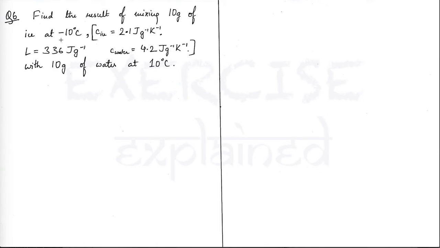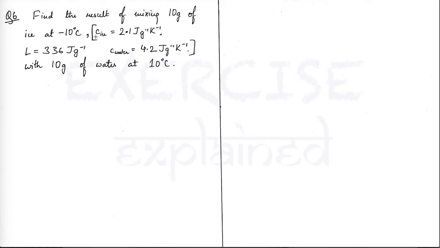So for that, we will be finding out how much heat is being required for ice to increase its temperature from minus 10 to 0, and we will find out how much heat is lost by water to reduce its temperature from 10 to 0.